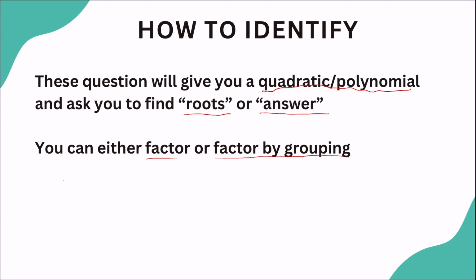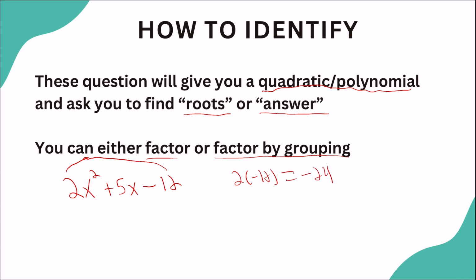So factor by grouping is going to be most useful when you have a polynomial with a number in front of our x squared. So if we had like 2x squared plus 5x minus 12, and we want to find our roots, we're going to start by multiplying the number in front of our x squared and our constant. So that's 2 times negative 12. It's going to equal negative 24.